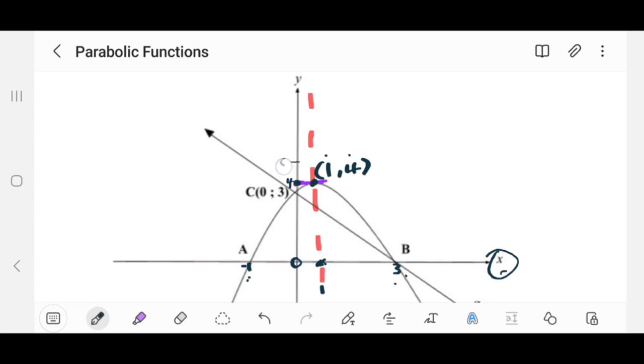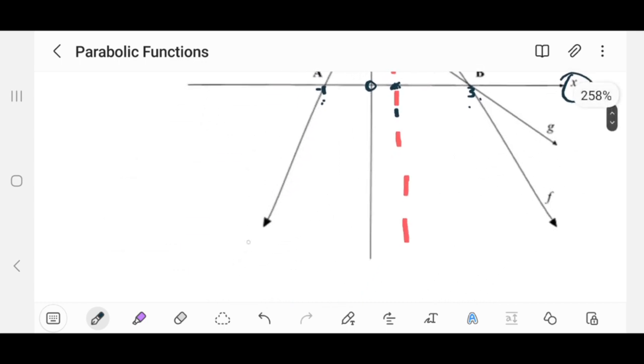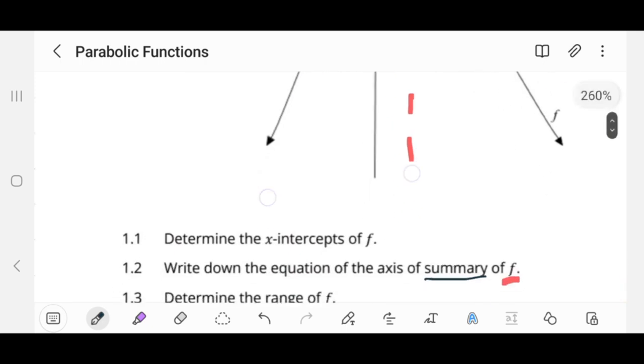If we go to 5, on 5 we don't have the function f. Above 4 there is no function f. Function f is from 4 going downwards. Downward where? To infinity, because this is still going down. We don't know where it's going. So it is 4 down to infinity.